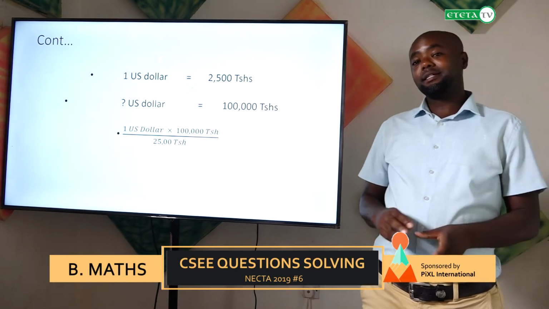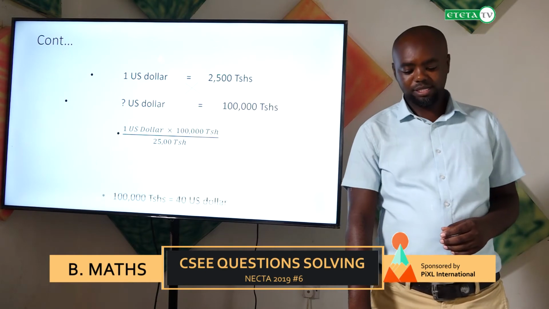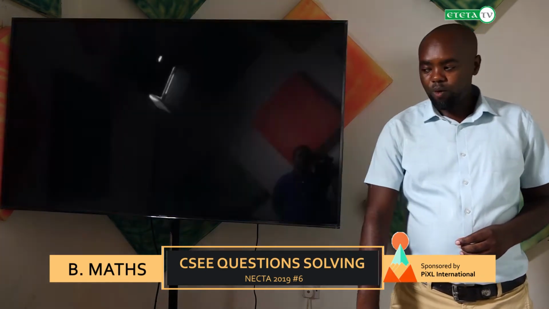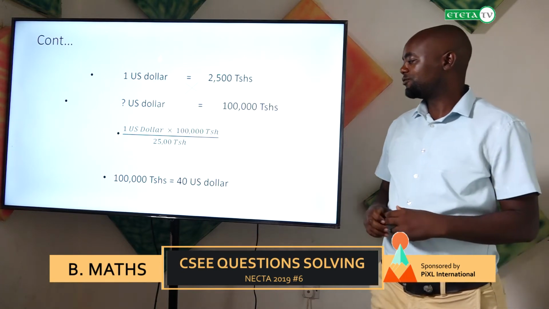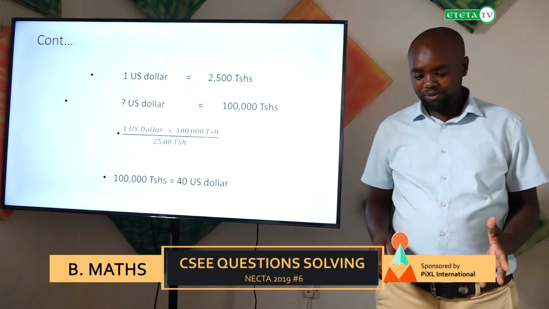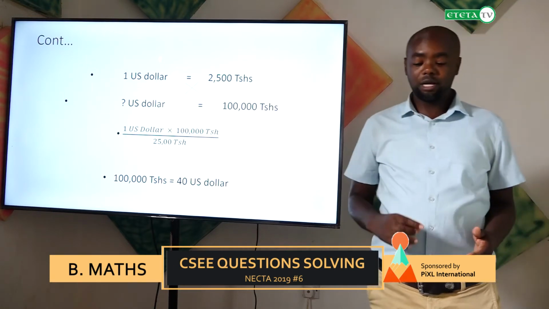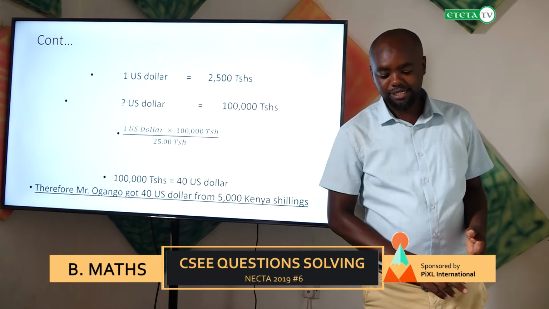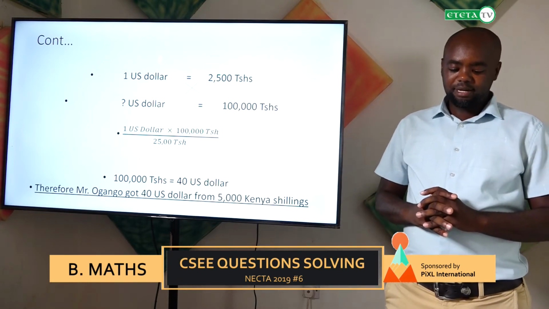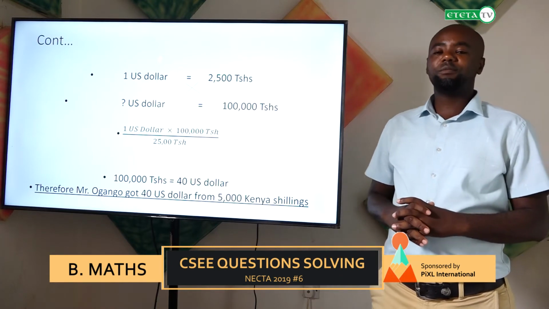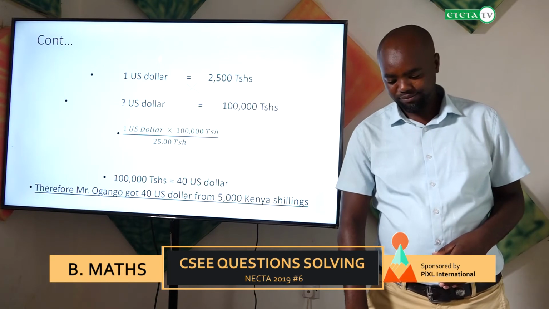The Tanzania shillings cancel, and at the end you remain with US dollars, which is 100,000 Tanzania shillings equivalent to 40 US dollars. So, since we were asked how many US dollars Mr. Ogango gets when exchanging, therefore Mr. Ogango will remain with 40 US dollars from 5,000 Kenya shillings.